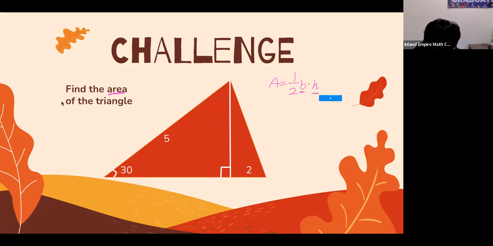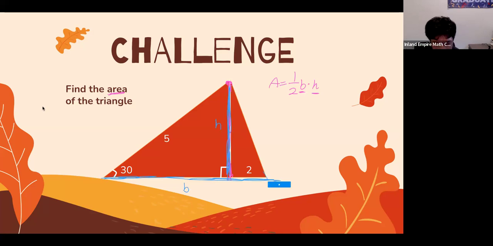So let's identify those. The height of the triangle is obviously going to be this middle line here, that length right there. And then the base is this length right here. So I'm going to label them. This one's the height. This one's the base. Okay, so how do we go about finding it?